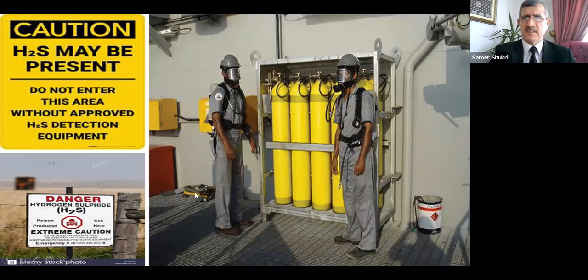It is used just in case your personal H2S monitor alarms, then it can be used. Otherwise, if you have to work on wireline, it takes 5 minutes for rig up, rig down, or 10 minutes. You can use this one.